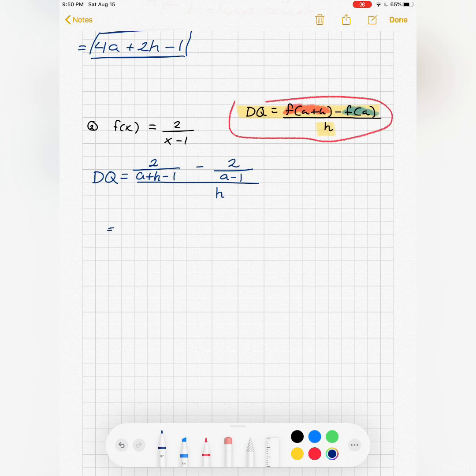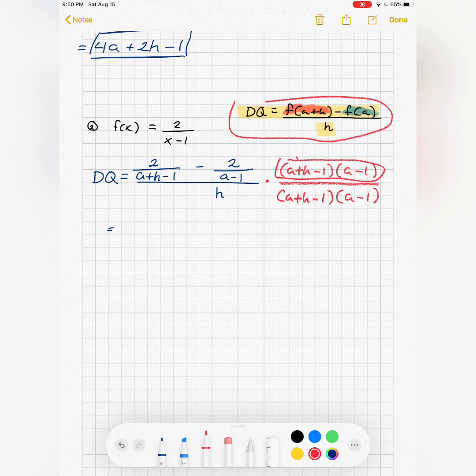And then I simplify. So I'm going to do that same trick. I'm going to look for the LCD. You see, I need one factor a plus h minus 1 and one factor a minus 1. So I'm going to multiply by that whole LCD, top and bottom. Look how this works.